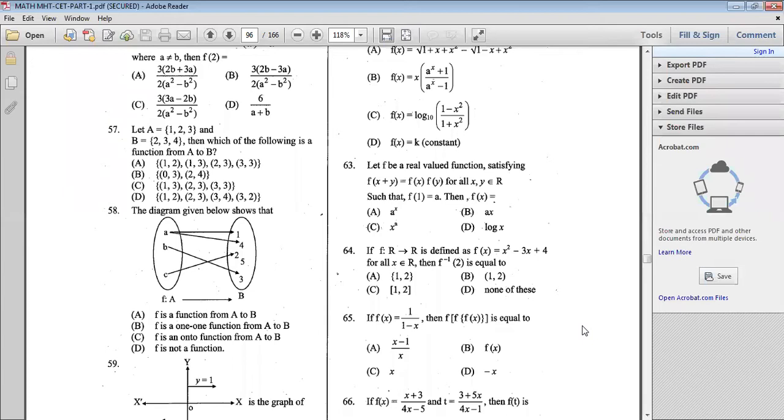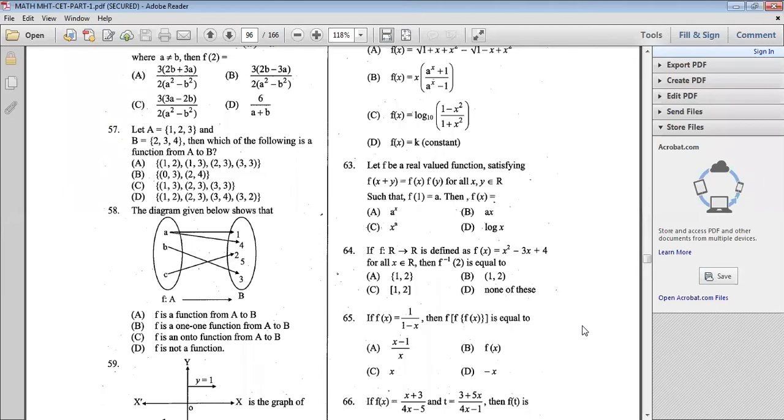Let's understand this problem. Then what is the f inverse of 2 equal to how much?